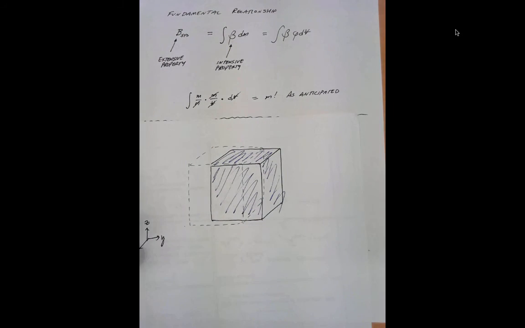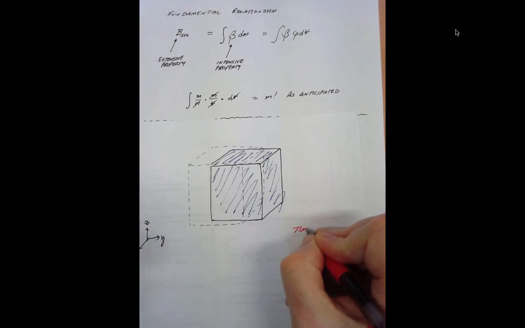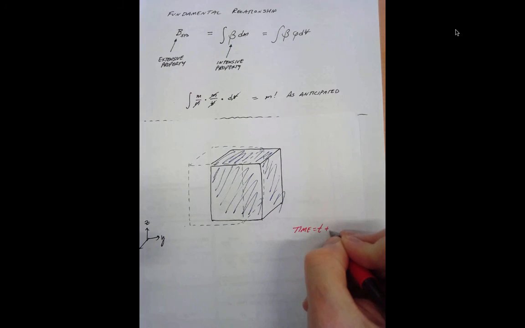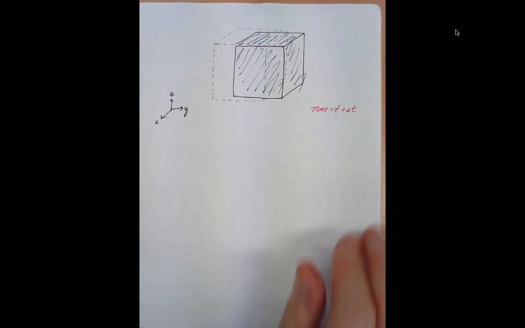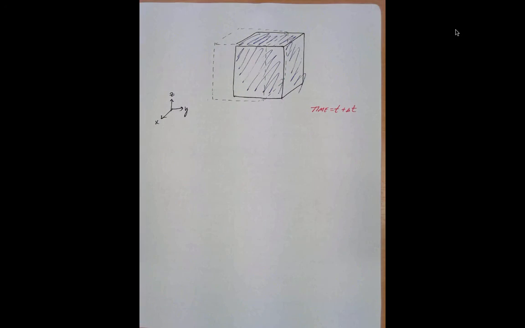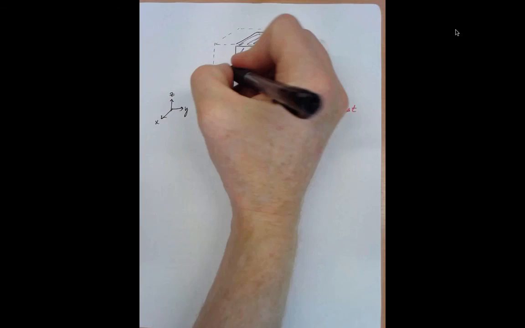This is now at time t plus delta t, a short time interval. So when I examine this picture, I can identify three zones.